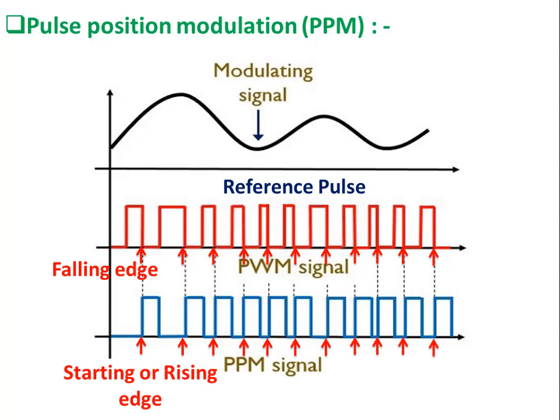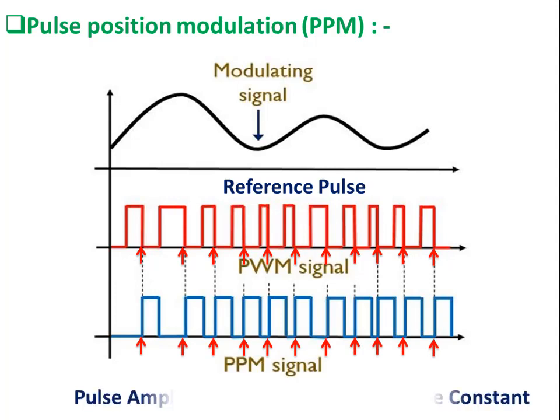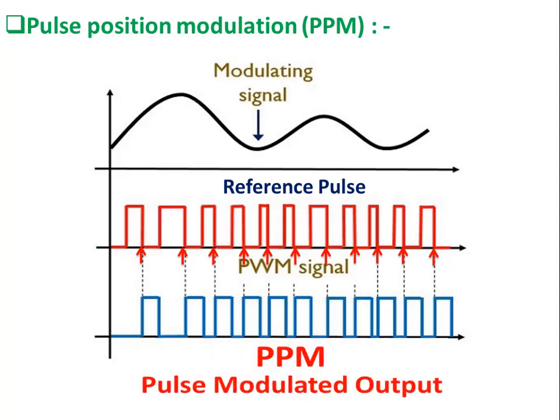Hence, we can say that in this type of modulation, the amplitude and width of the modulated output are constant, but the position of the signal varies depending on the falling edge of the PWM pulse. So the pulse modulated output of this technique is called a PPM modulated signal. This is what we have regarding pulse position modulation technique.